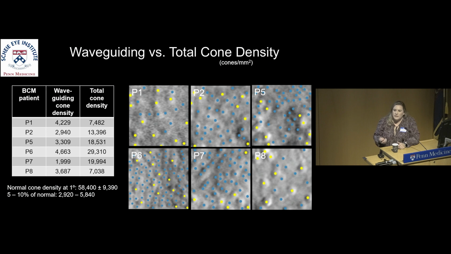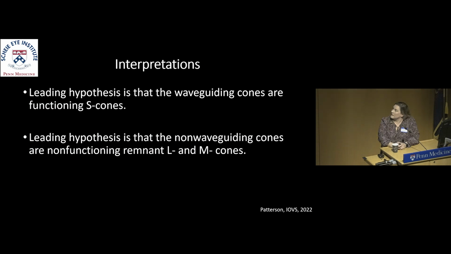So how do we interpret this information? Well, there's a number of hypotheses that could be used for this information. This is work that is certainly still in progress. But right now, I think the leading interpretation of this data is that the waveguiding cells represent functioning S cones, and the non-waveguiding cells represent non-functioning remnant LNM cones.